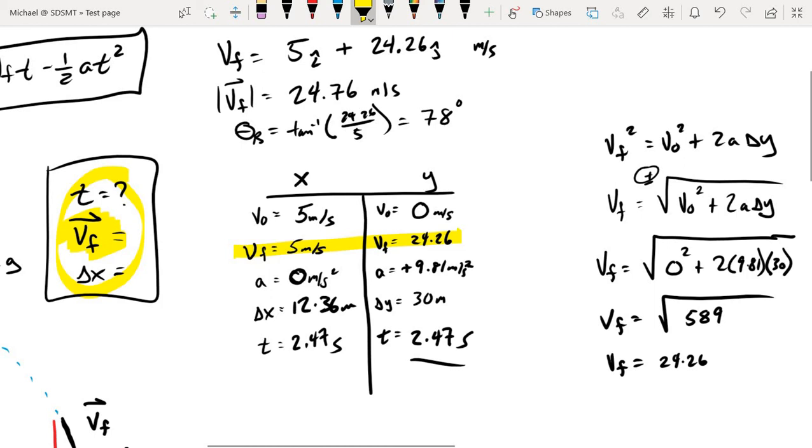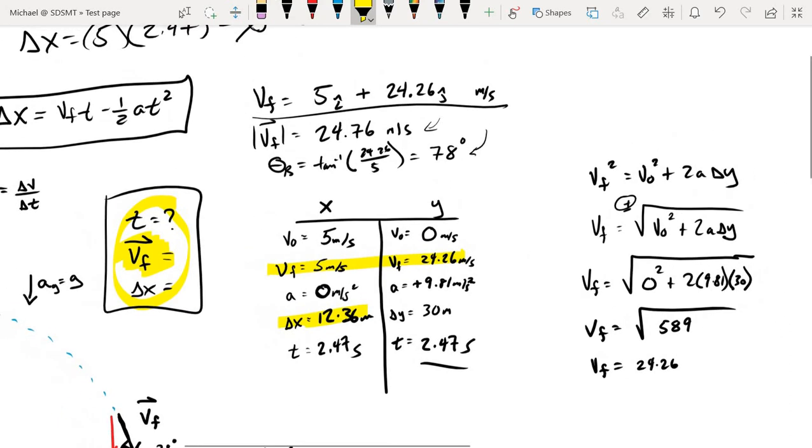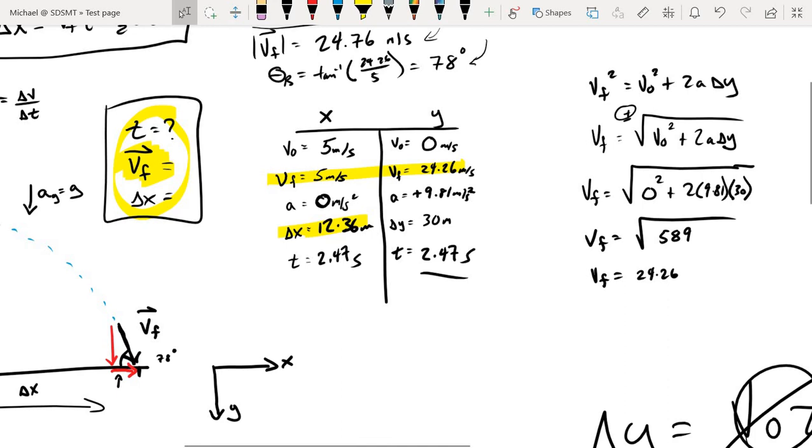There's absolutely nothing wrong with labeling a vector using its component form, because as we know now, we can always take those components and convert them to magnitude and angle later on if we have to. And then the displacement, delta x, we found that right there. And let's see, there's one other question that I can pose to you.